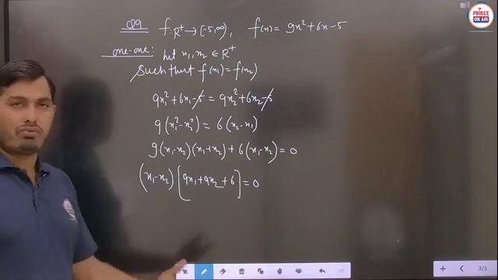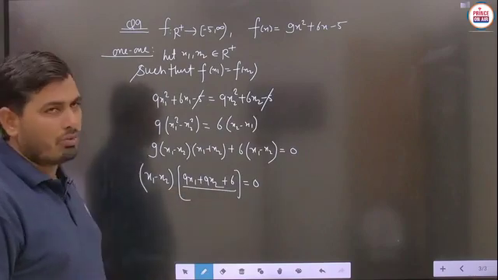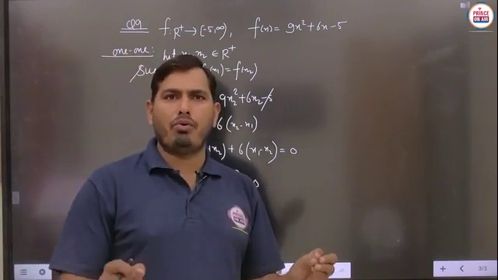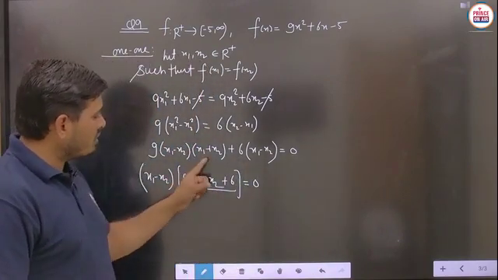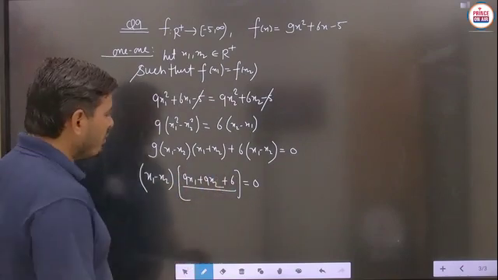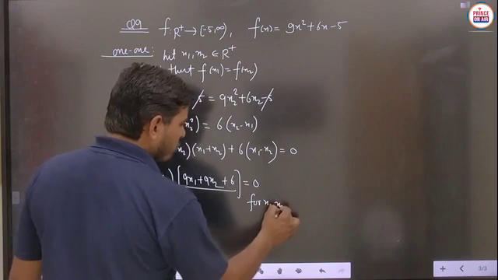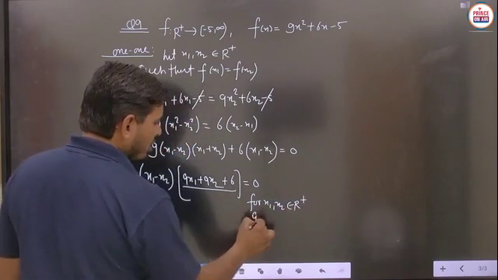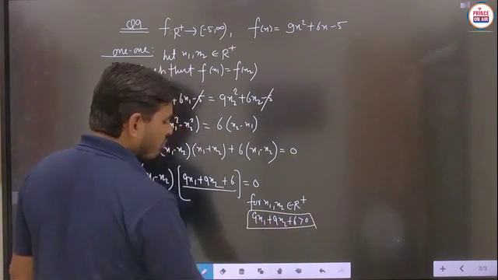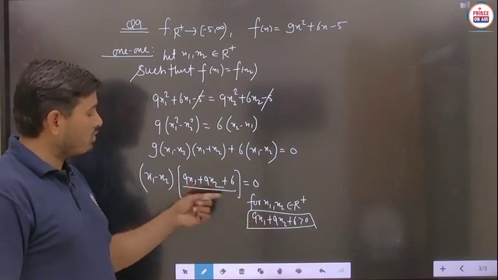Either we will get x1 equals x2 or not, we have to check this. So, students, you can check this expression. This expression is never negative, because x1 and x2 belong to R positive. If you put any positive number here, then it gives a numerical value, and this particular part is not 0. So for x1, x2 belonging to R positive, 9x1 plus 9x2 plus 6 is always positive, meaning it is not negative and not 0.